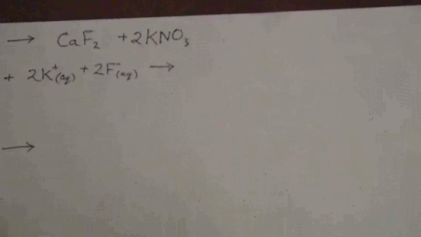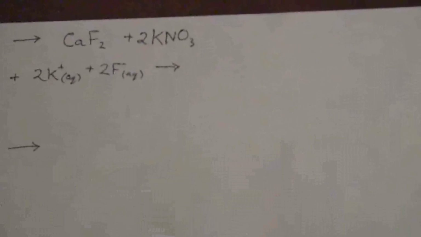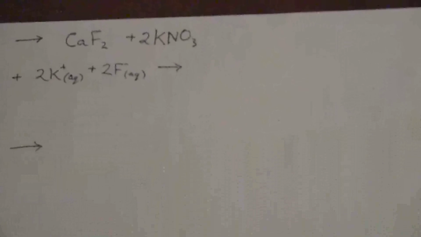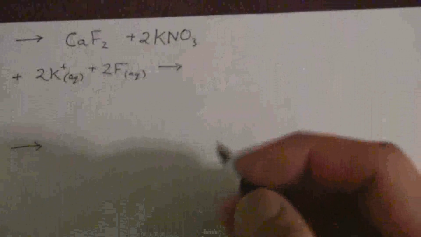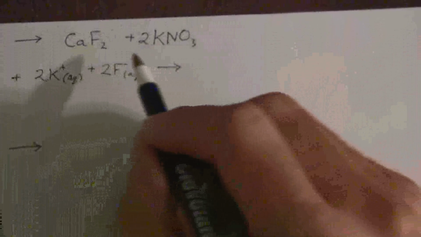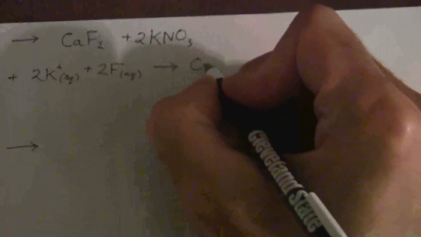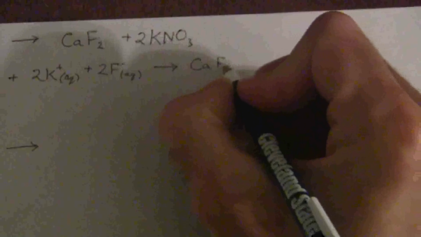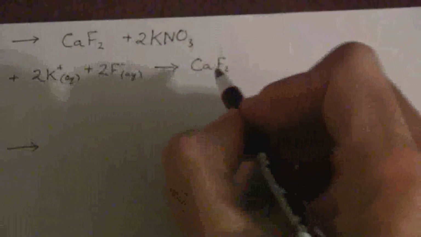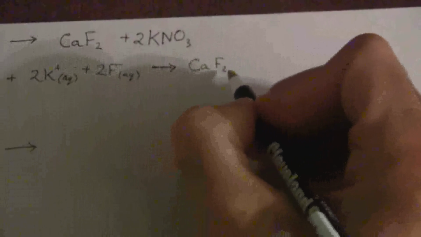However, there are some exceptions. And a list of exceptions: magnesium, calcium, strontium, barium, lead, so calcium is one of those exceptions, which means calcium fluoride is insoluble. So we write it together, okay?